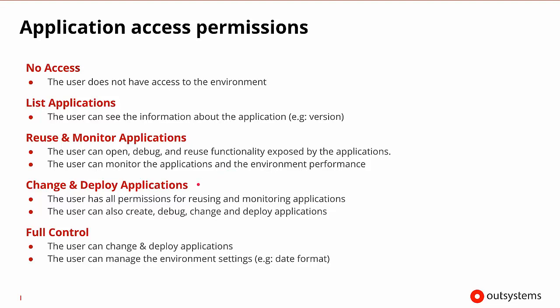And then change and deploy. This level of access gives the user permission to reuse and change or create brand new ones, as well as deploy them inside of that environment. And then there's full control, where the user would be able to change, deploy, and manage any of the environment settings for that application so that they have full control over it.